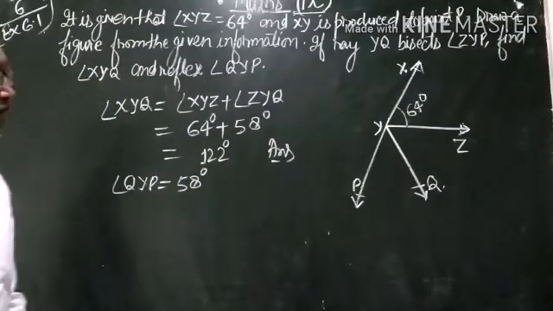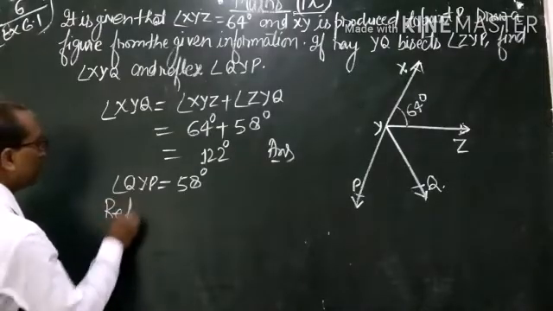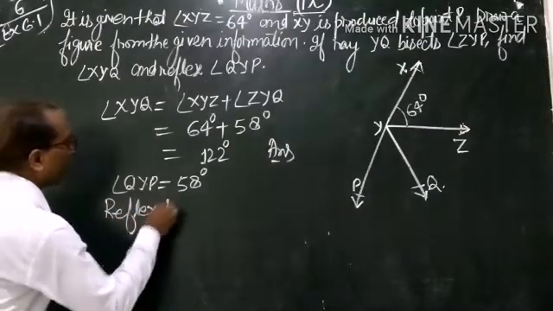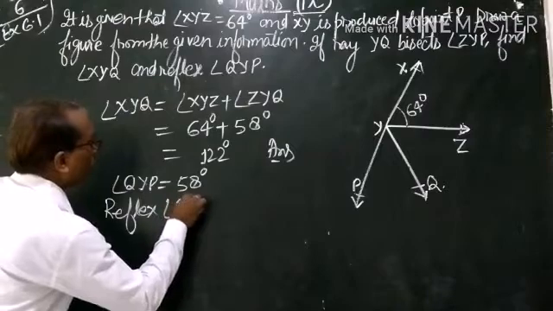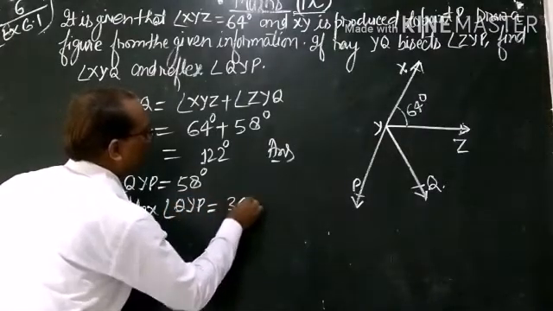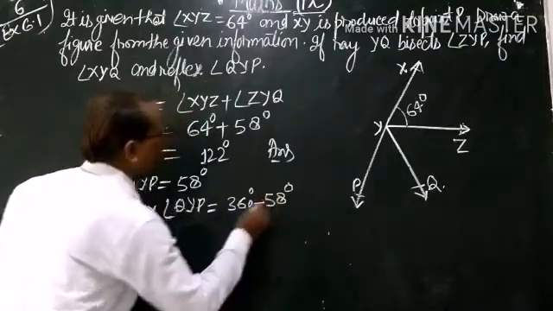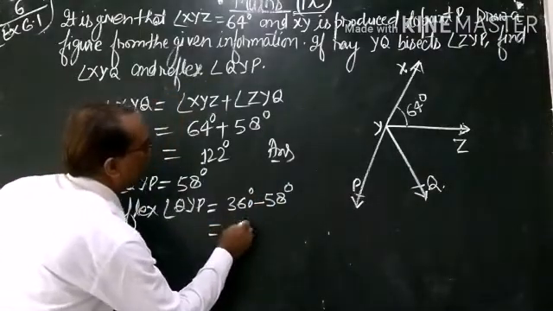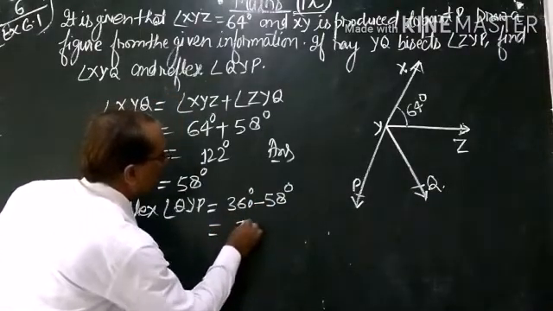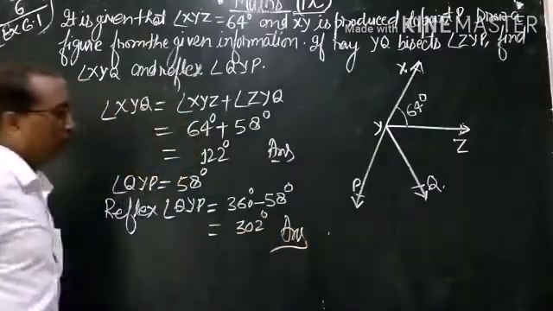Then reflex angle QYP is equal to 360 degree minus 58 degree is equal to 302 degree. Okay.